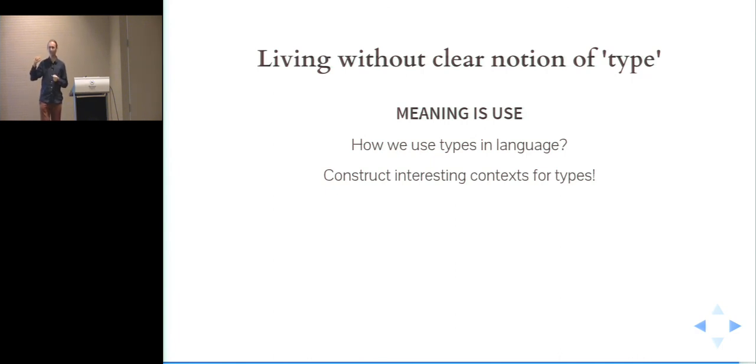It could be how do we use types in current programming languages. It could also be how do we actually talk about types. And the interesting challenge here, I think, is to construct interesting contexts in which types can appear. How many people here are familiar with the expression problem?